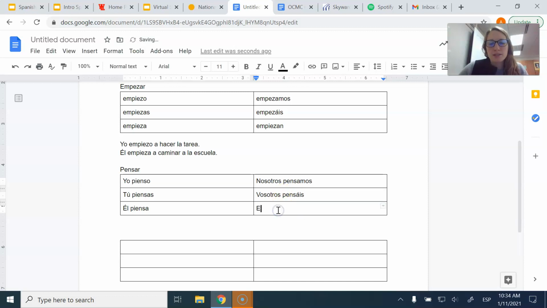And finally, back in the boot, ellos, ellas, ustedes piensan. So, how about ellos piensan que, this is saying they think that la maestra es simpática. They think that the teacher is nice.